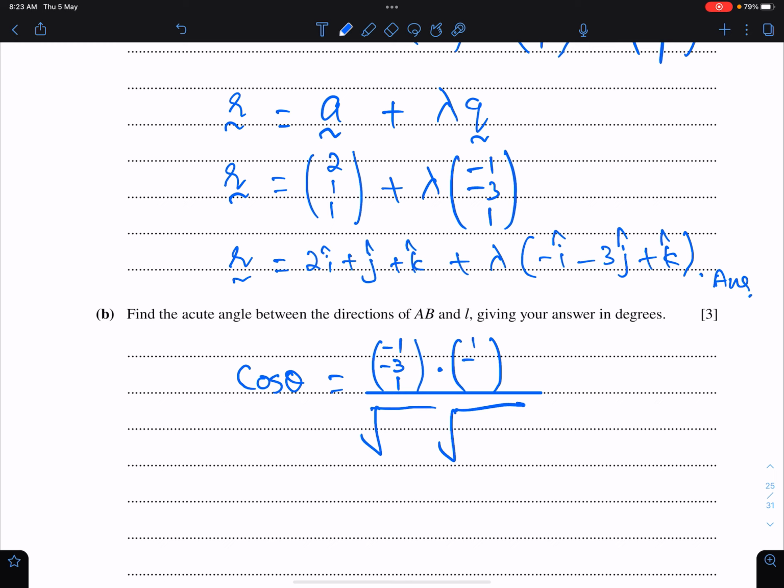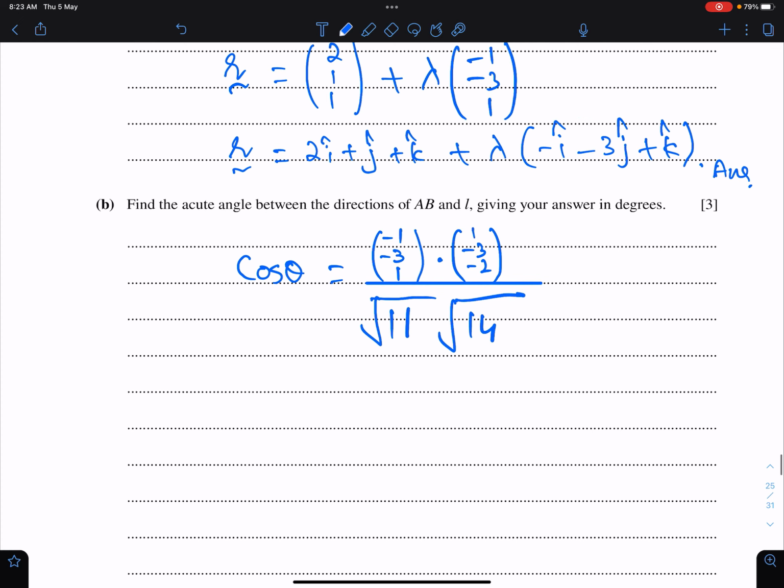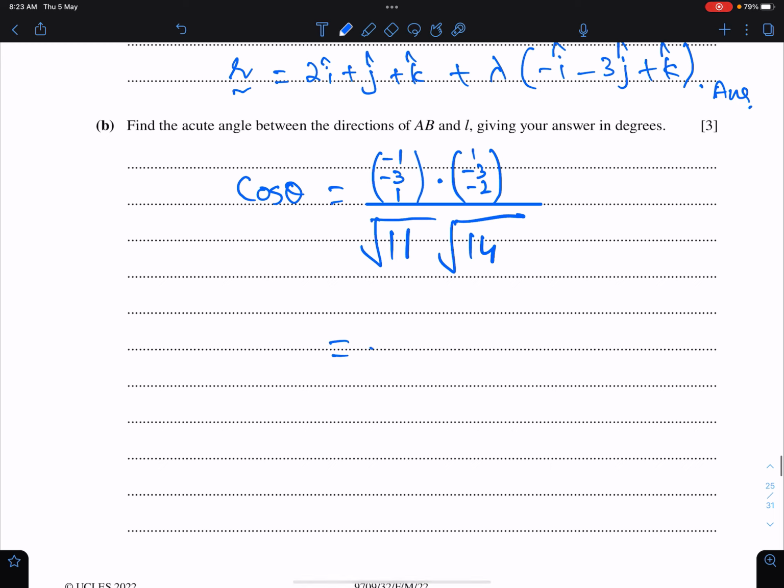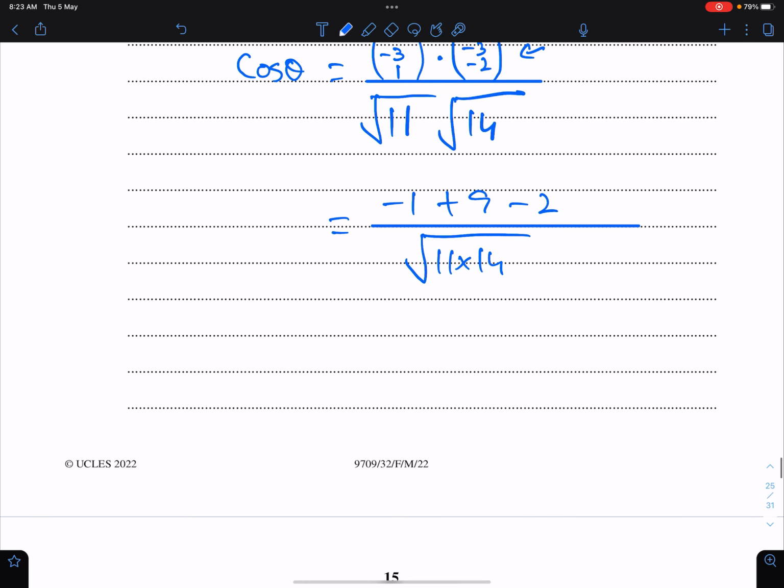Magnitude of this vector is under root 11 and this is under root 14. The dot product of these two vectors is minus 1 plus 9 minus 2, and this is under root of 11 times 14. So theta is cos inverse of this entire thing. The answer should be up to 1 decimal place.